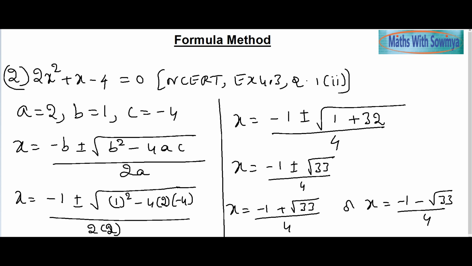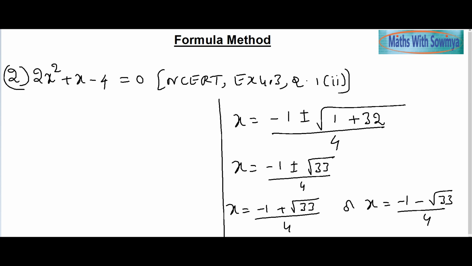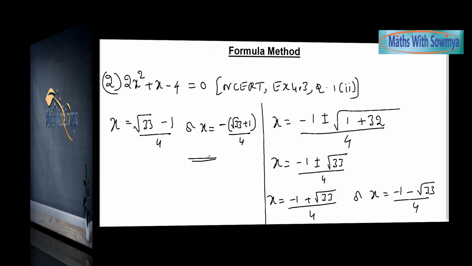If you recall, in completing the square also we reach the same answer. So, we can rewrite this. x is equal to, you can leave it as it is, or if you want you can write root 33 minus 1 by 4 or x is, taking the negative sign common, root 33 plus 1 by 4.